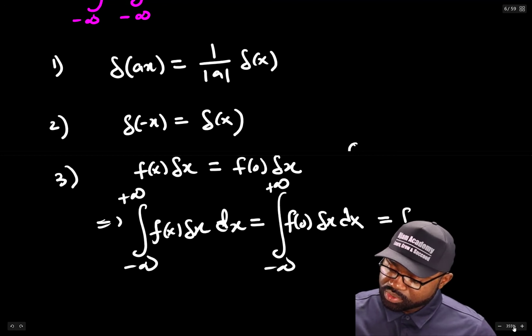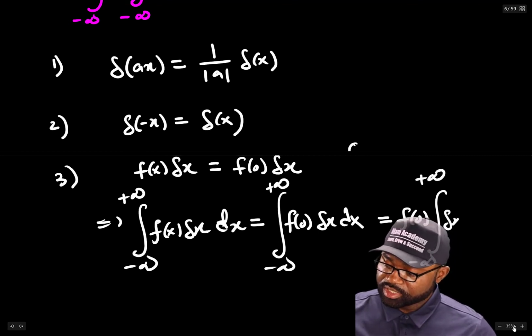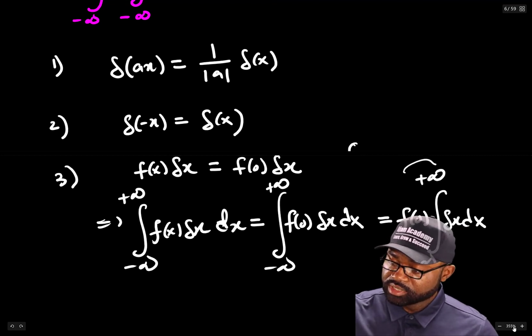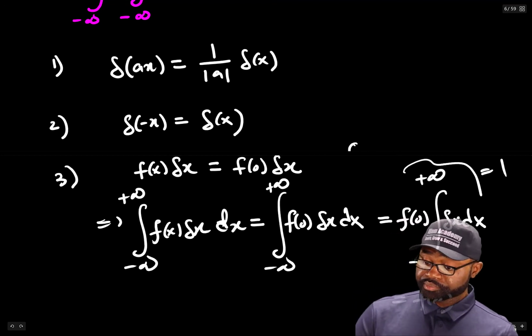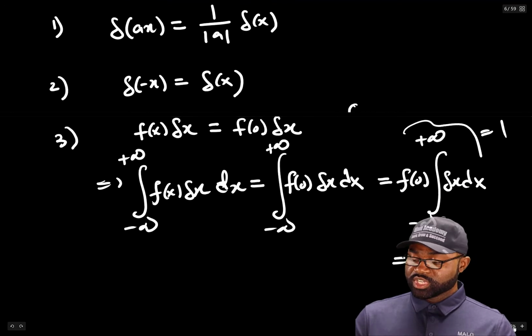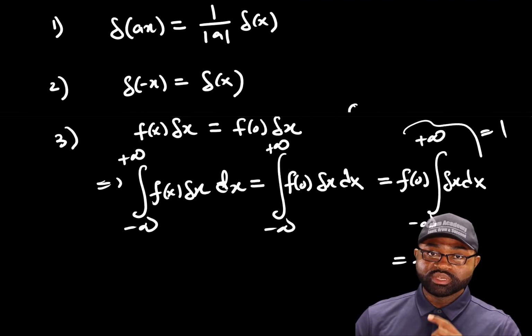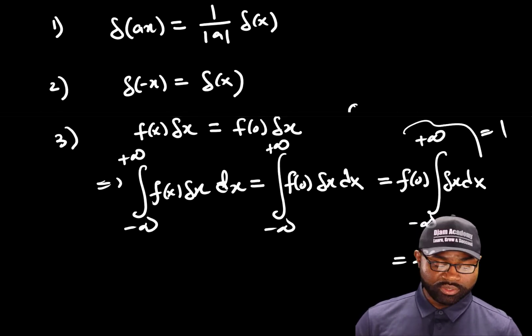This is equal to f(0) times the integral from negative infinity to positive infinity of δ(x) dx. And if you remember, this here is equal to 1, so all of this is equal to f(0), which really is an important property as far as sampling of signals in medical imaging is concerned.